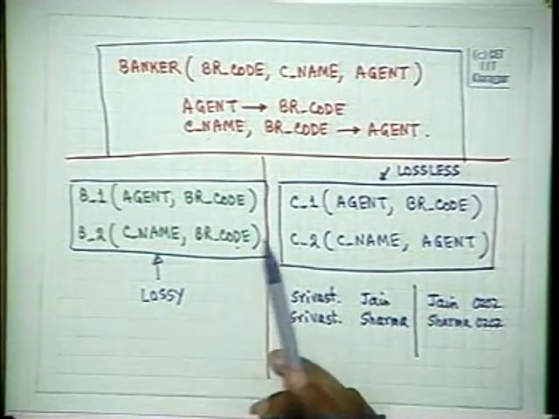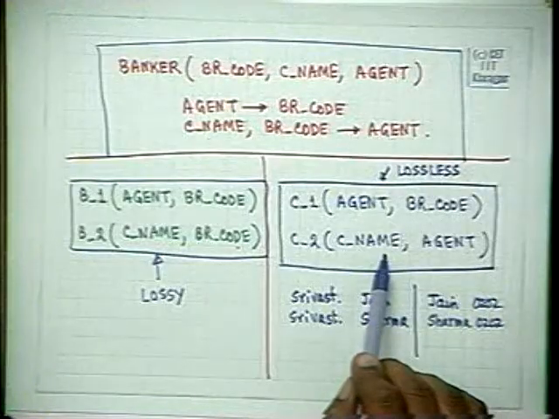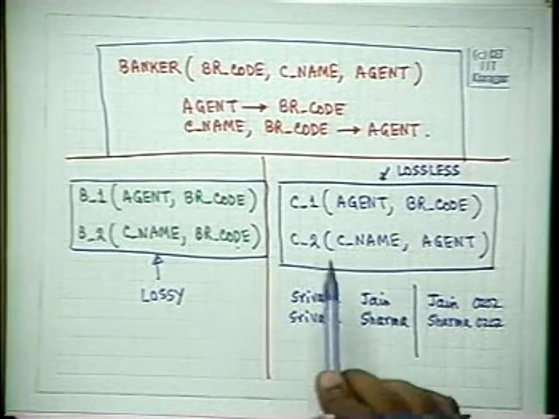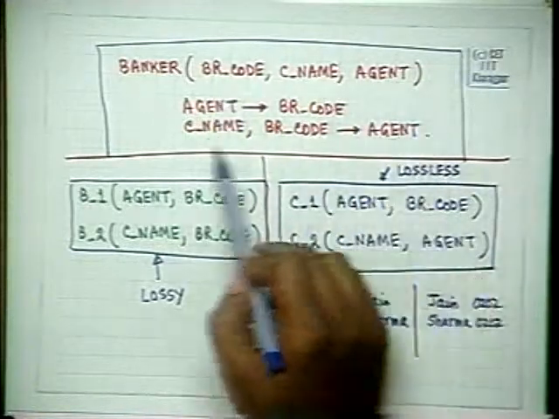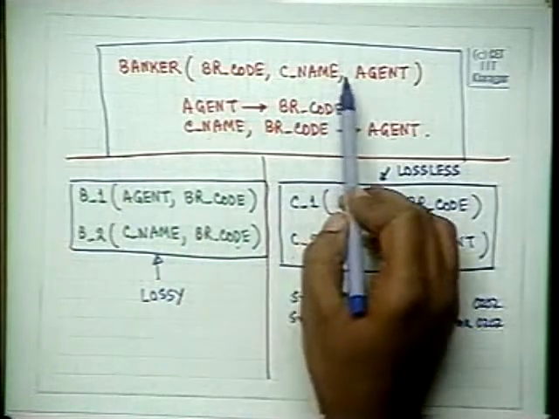Either you get redundancy removed, but then you may not get a dependency preserving one, or you have a dependency preserving one, which is this one itself, and redundancy will remain.